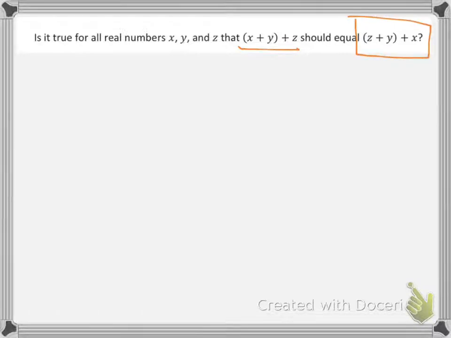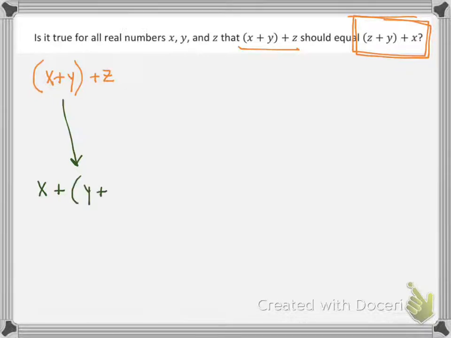All right, so let's start with the quantity x plus y plus z. And remember, I want it to look like this, so I'd really like the z and the y to be associated together. So I'm going to change this so that I have x outside the parentheses and the y plus z inside the parentheses.